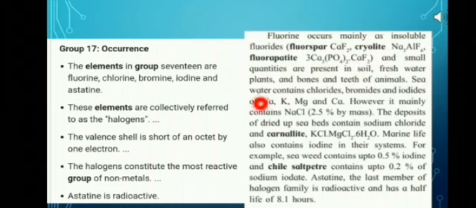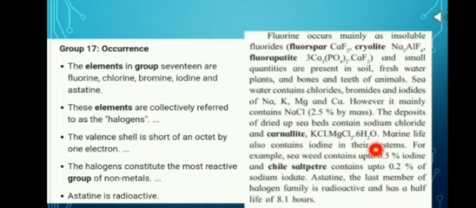Seawater also contains chlorides, bromides and iodides of sodium, potassium, magnesium and calcium. However, mainly it contains sodium chloride. The deposits of dried up seabeds contain sodium chloride and carnallite, the mineral containing potassium and magnesium. Marine life also contains iodine in their system.